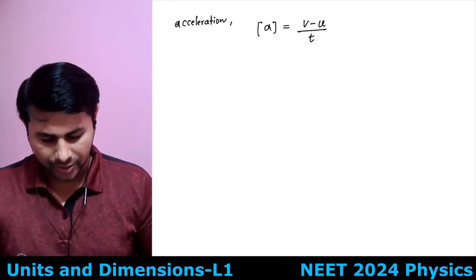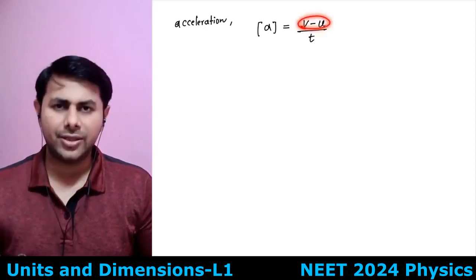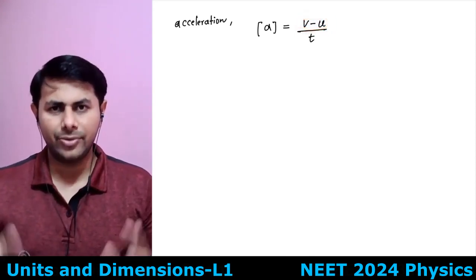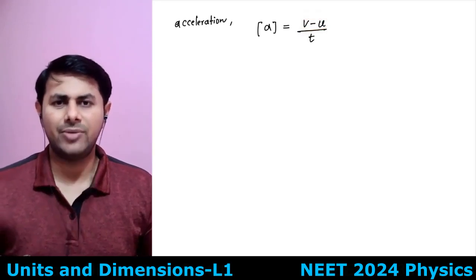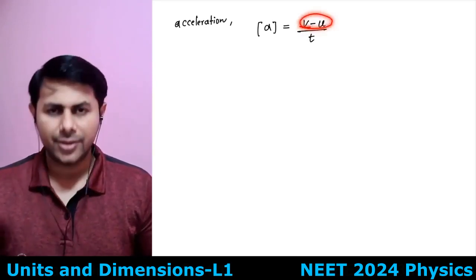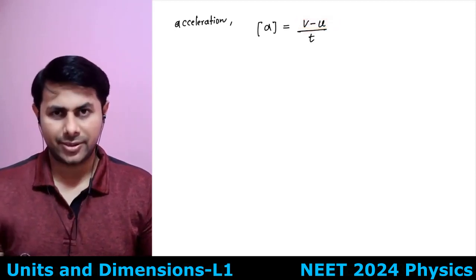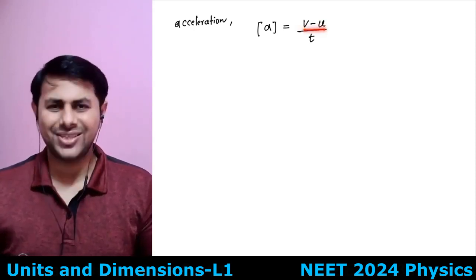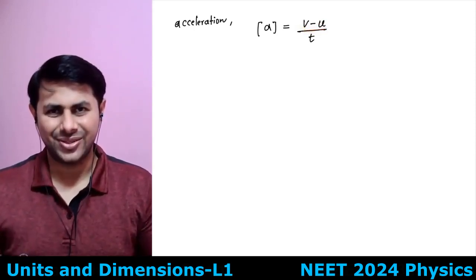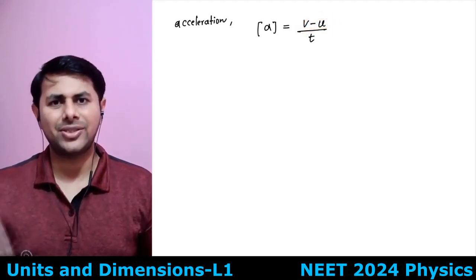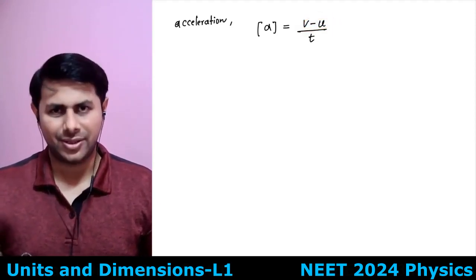So here we understand one thing. In the numerator, I have subtraction of two similar physical quantities. These two quantities have the same dimensions, and if I subtract them, the dimensions don't get cancelled out. This is change in velocity, so it will have dimensions same as that of velocity.